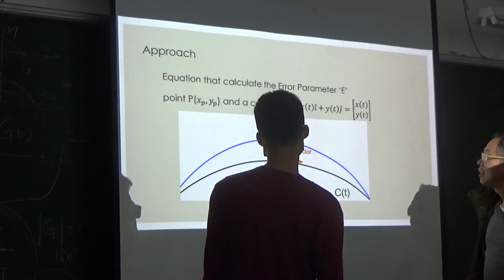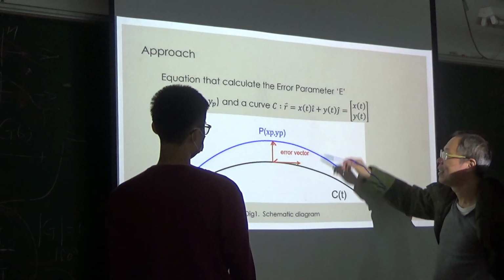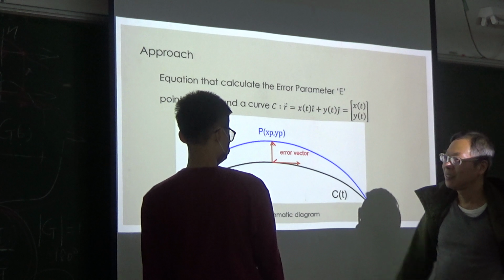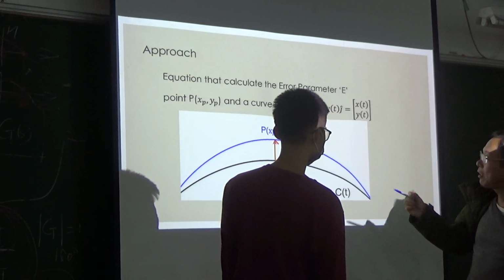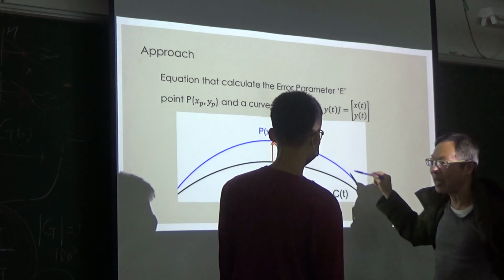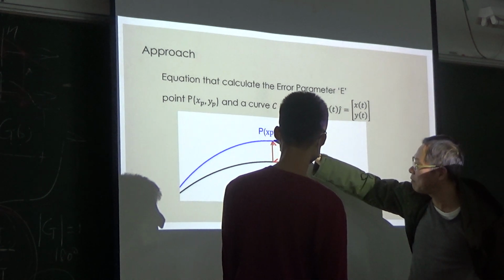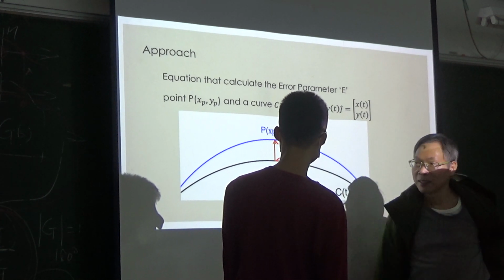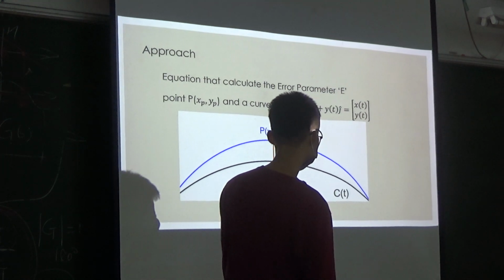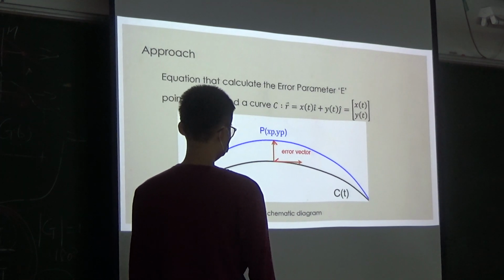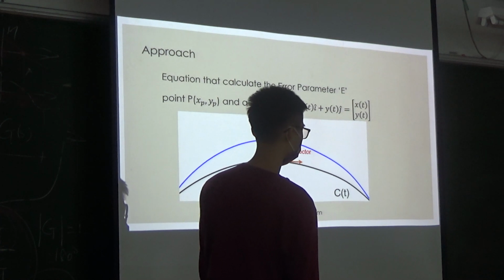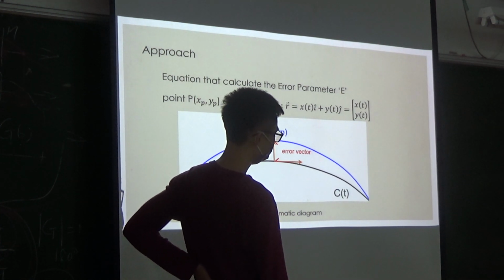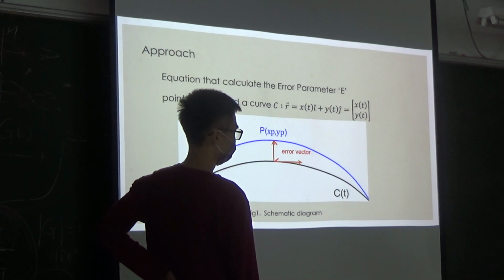Okay? And then what is your E? E is this distance. So that means you want to find, for a set of data points, the minimum distance from the data point to your NURBS. So this is the indirect contour error.